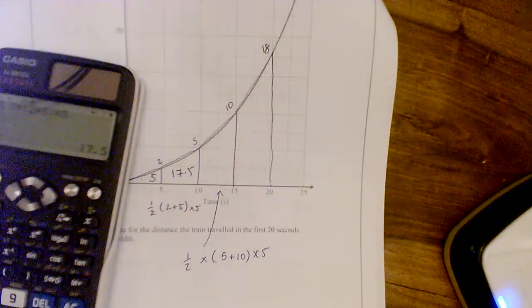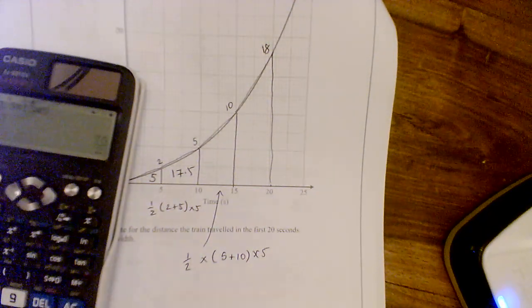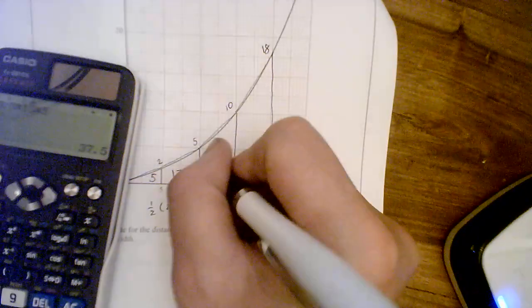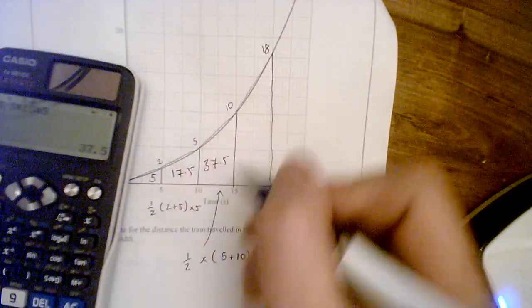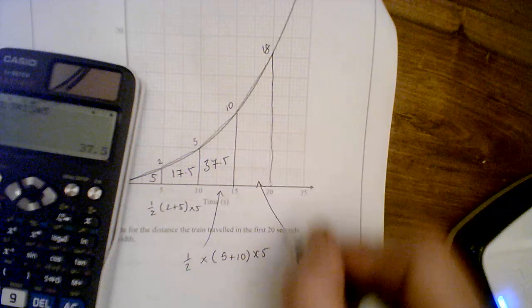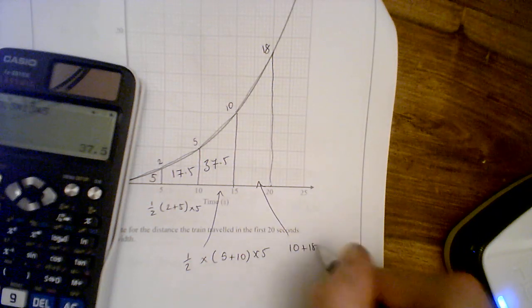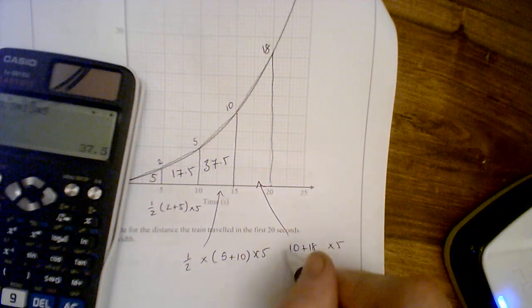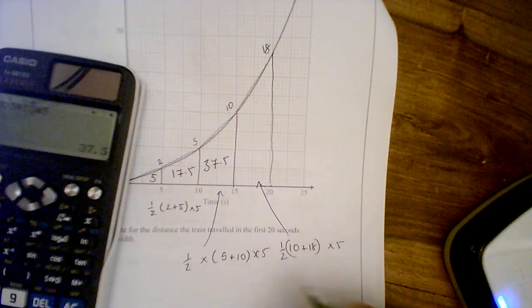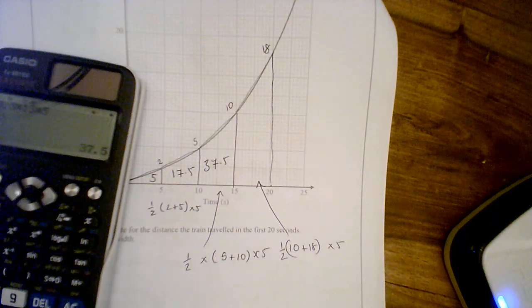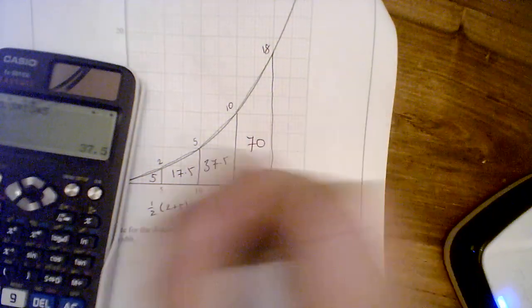So 0.5 times 15 times 5, and that looks like 37.5. And then this last one here is 10 plus 18, times by 5, and you want a half of that as well. That's 28, half of 28 is 14, 14 times 5 is 70, so I've got 70 in that one.